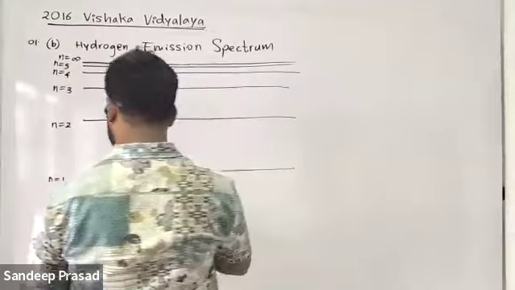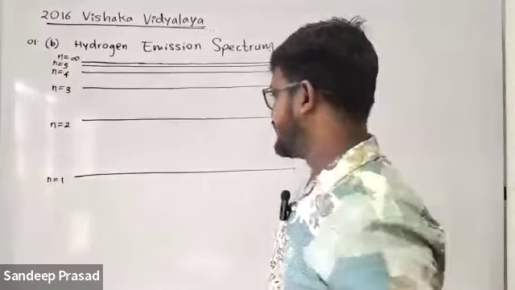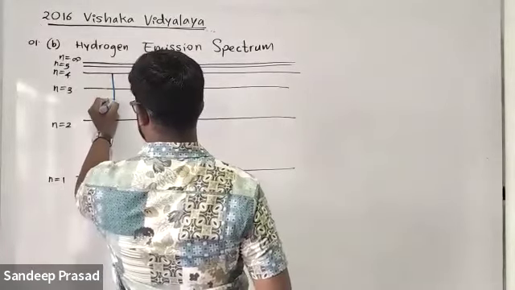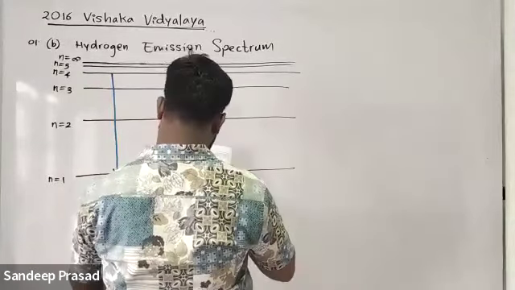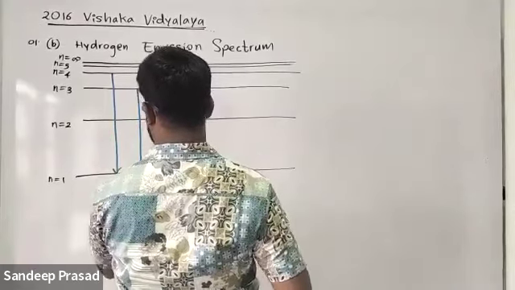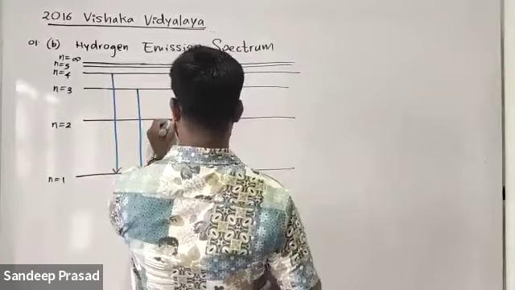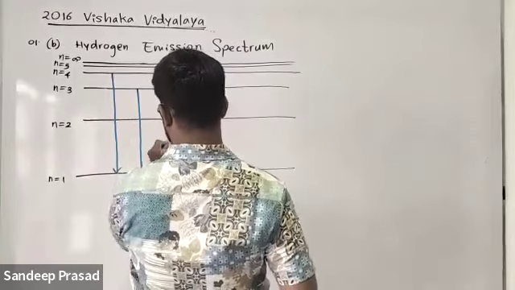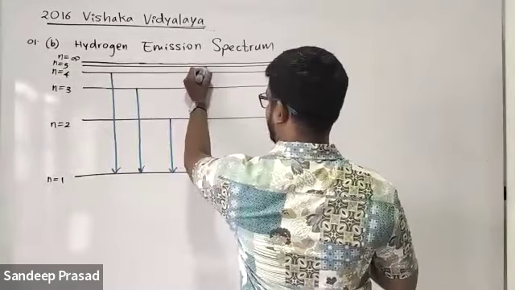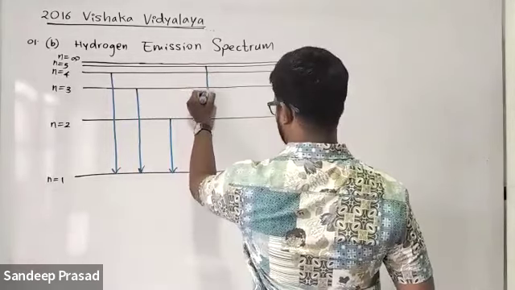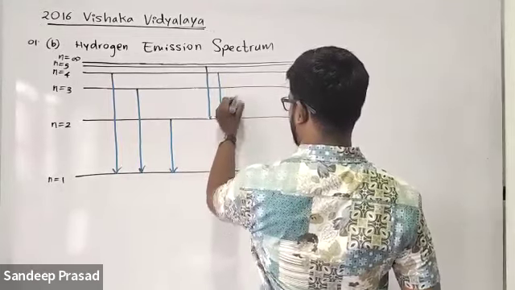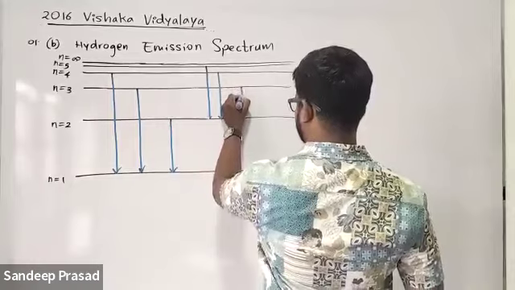They have given some electron transitions as well. What are the electron transitions they have given? n equal 4 to 1, and n equal 3 to 1, and then n equal 2 to 1. And then n equal 5 to 2, n equal 4 to 2, and n equal 3 to 2.